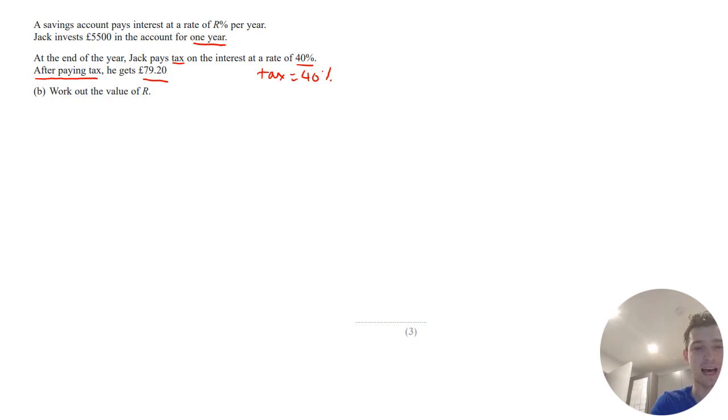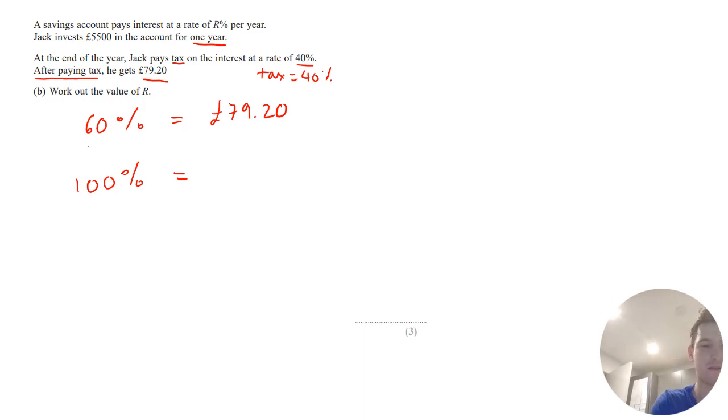So after paying tax, i.e. 60%, is equivalent to £79.20 because the tax was 40%. So the original amount of interest that he gets, I want is 100%. Well, how do I get there?